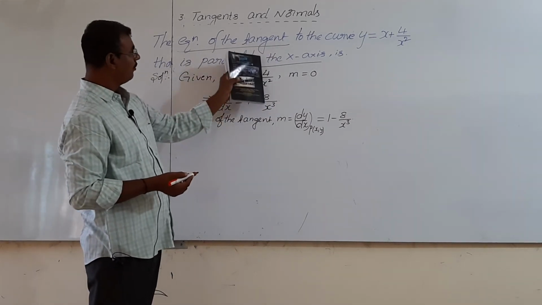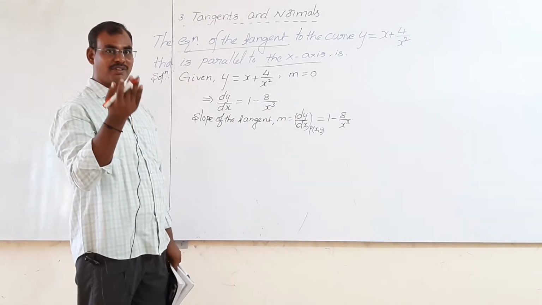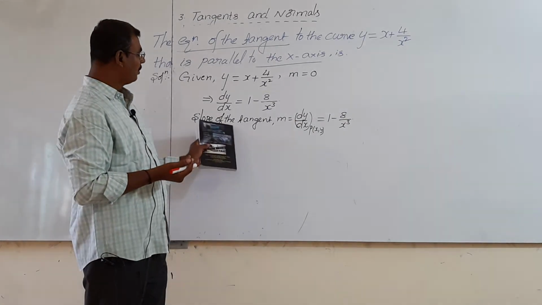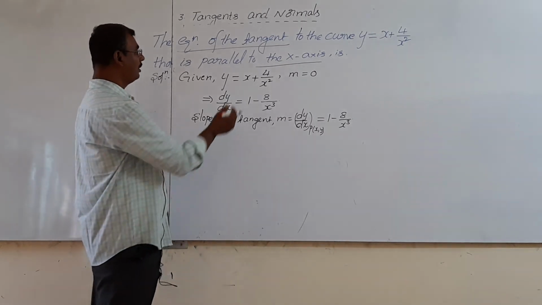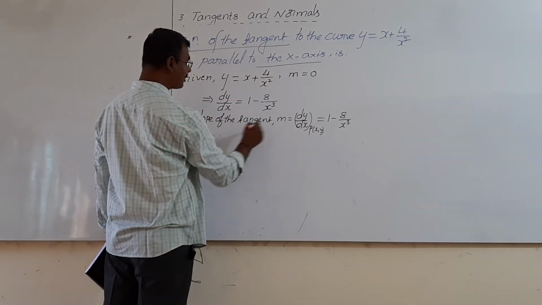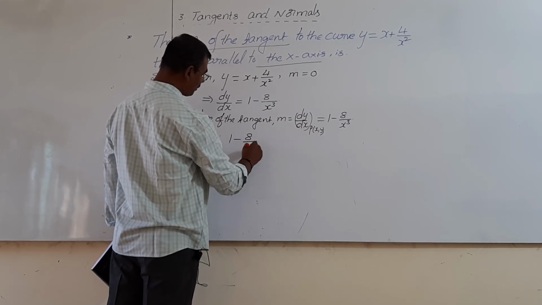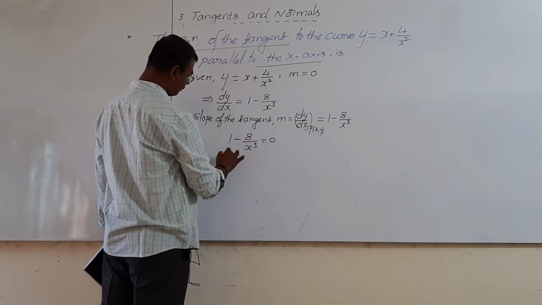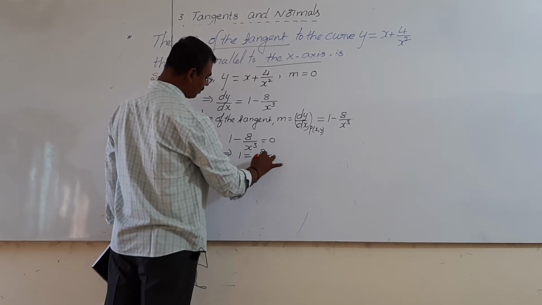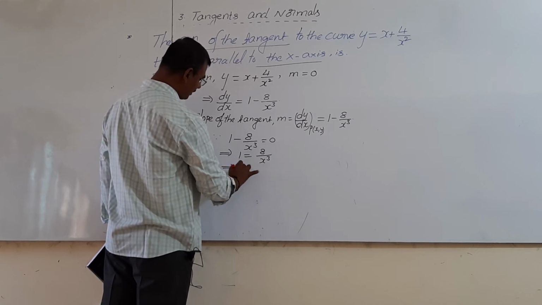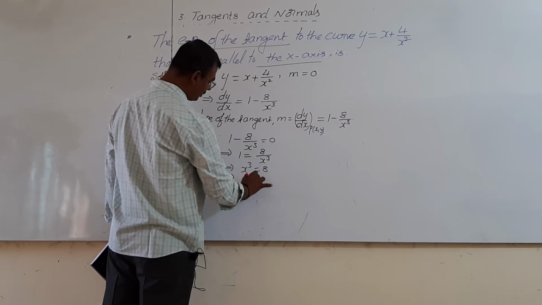The x-axis. When two lines are parallel, what is the condition we studied in the first year? If two lines are parallel, slopes are equal, m1 is equal to m2. So 1 minus 8 divided by x cube is equal to 0, so 1 is equal to 8 upon x cube. So x cube is equal to 8. From this, x is 2.